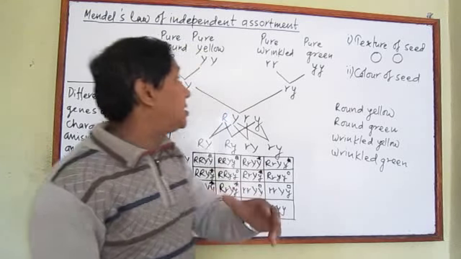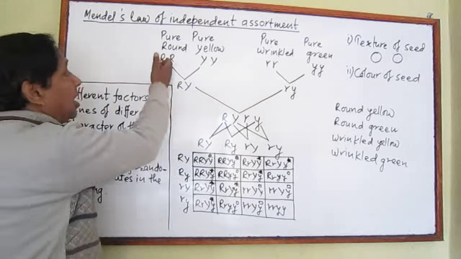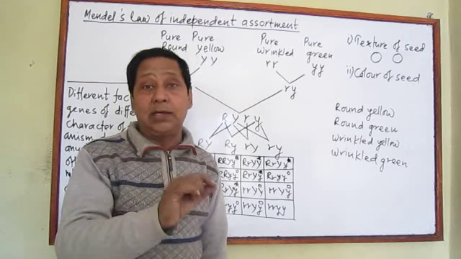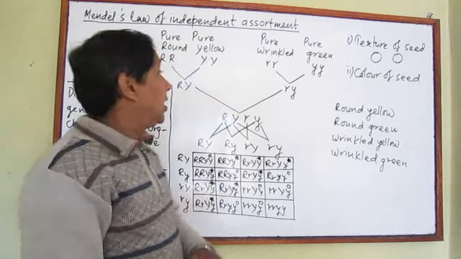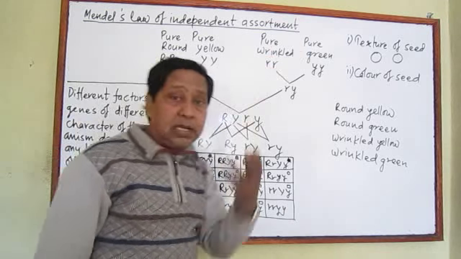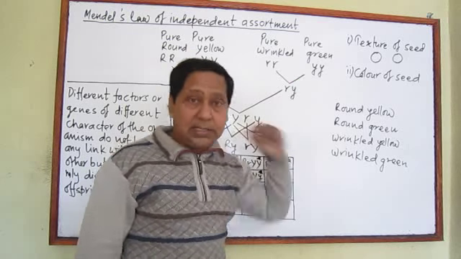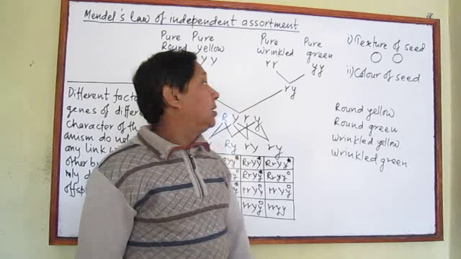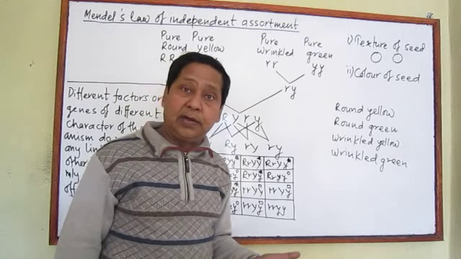It means in nature, round-seeded pea plants had yellow-colored seeds, and in the same way, wrinkled-seeded pea plants had green-colored seeds. But is it true forever?